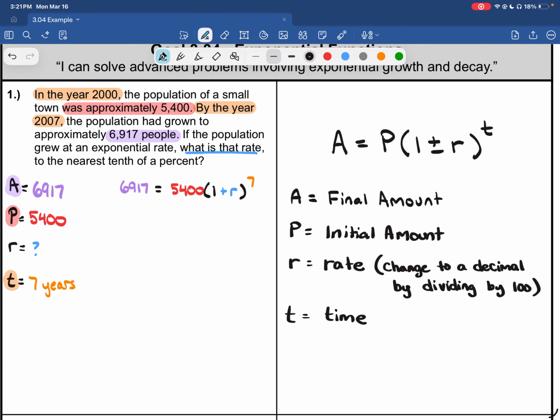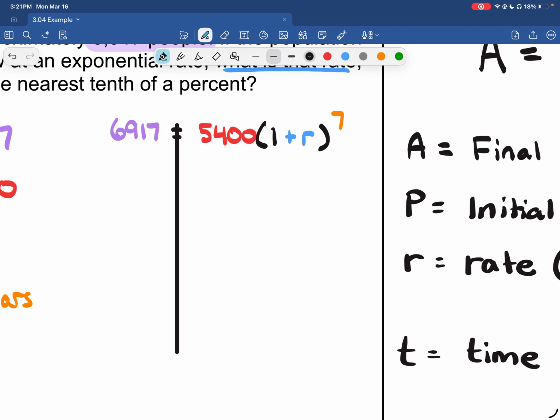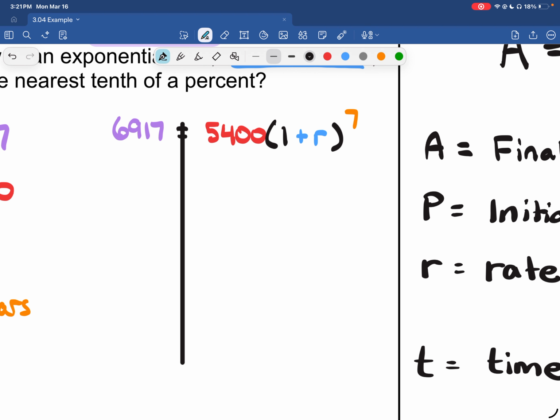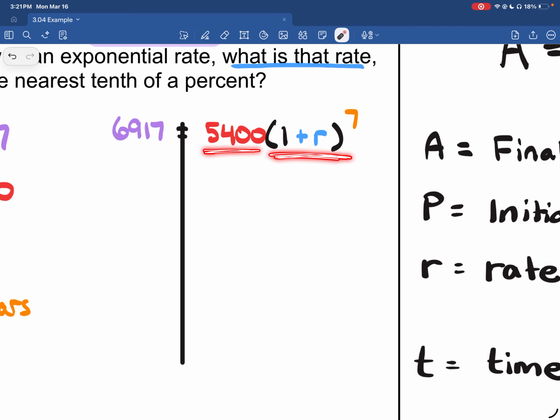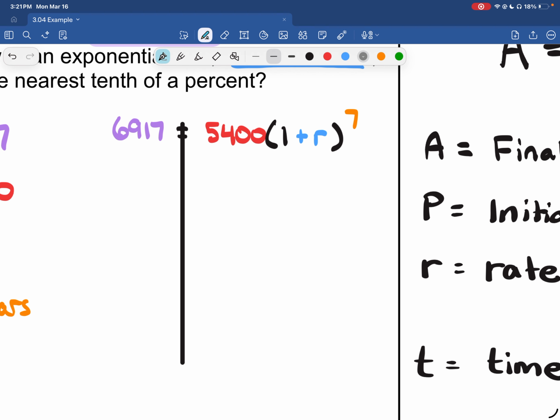And I want to solve this equation for R. Now, the first thing I'm going to do here is, since I'm trying to get R by itself, and I have 5,400 multiplied by this term with the 1 plus R to the 7th power, I'm going to try to get rid of this 5,400 by dividing both sides by 5,400.